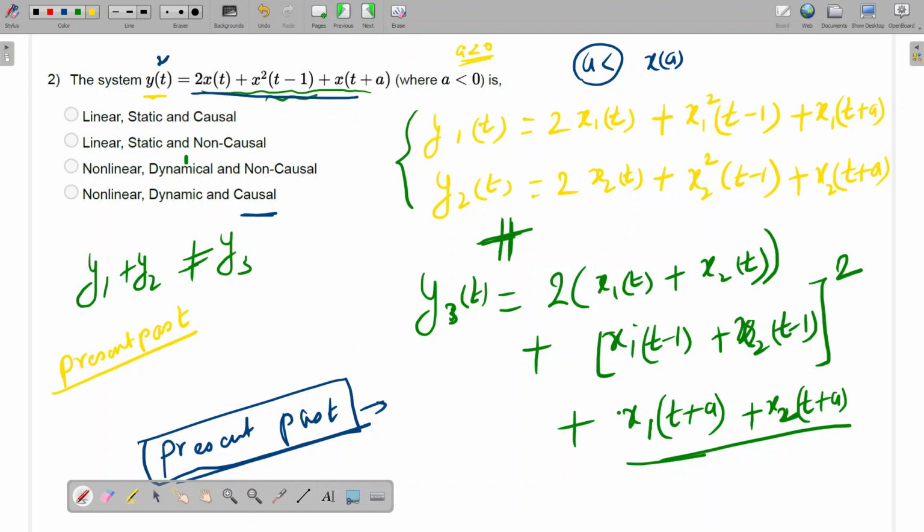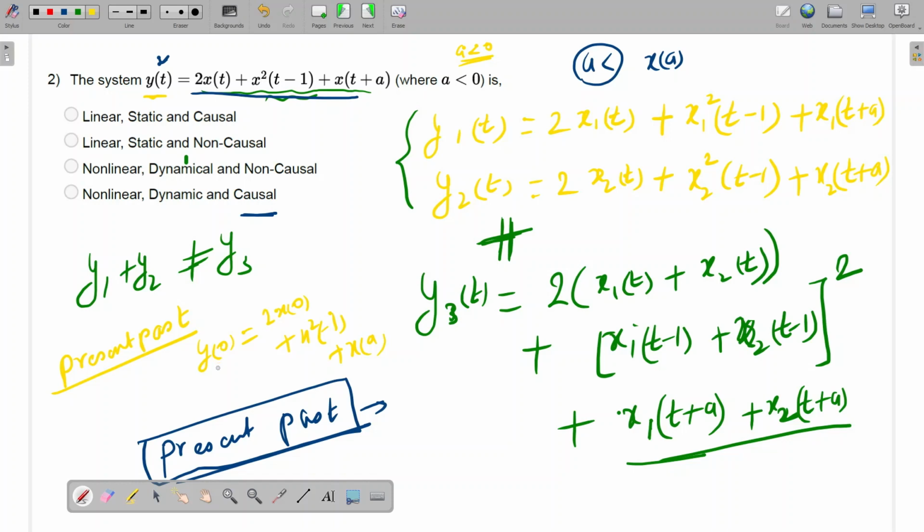I am putting t equal to 0, so y of 0 is equal to 2 into x of 0 plus x square minus 1, plus x of a. What is the value of a? a is less than 0.